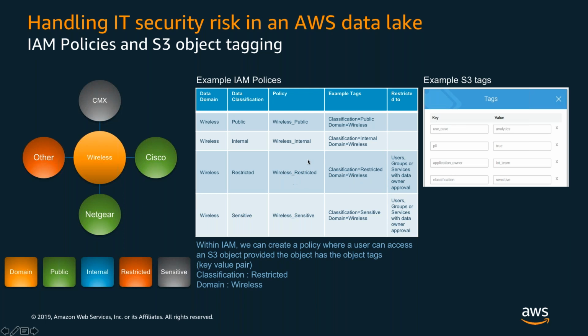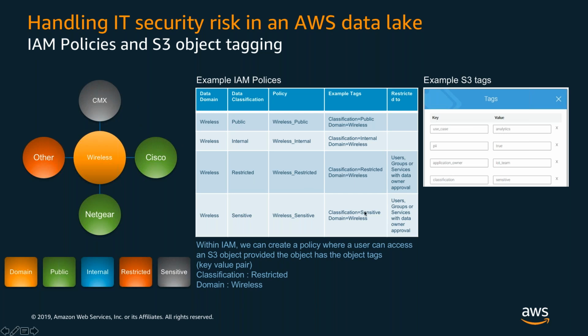Let's say I create a policy, a set of rules, so that if I want someone to be able to access CMX data, I create a policy within identity access management called wireless sensitive. Within that, I'm able to use the object tags as a set of rules for deciding whether someone or a service can access the data within a particular S3 location.